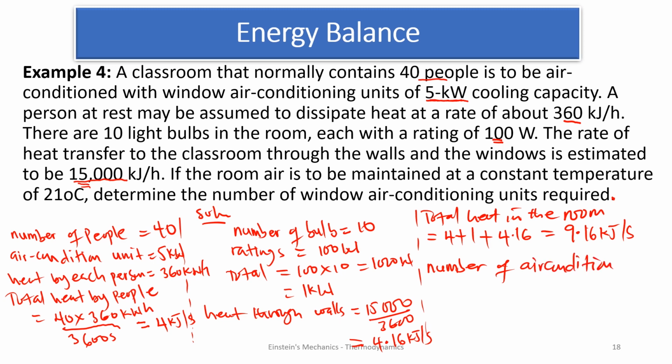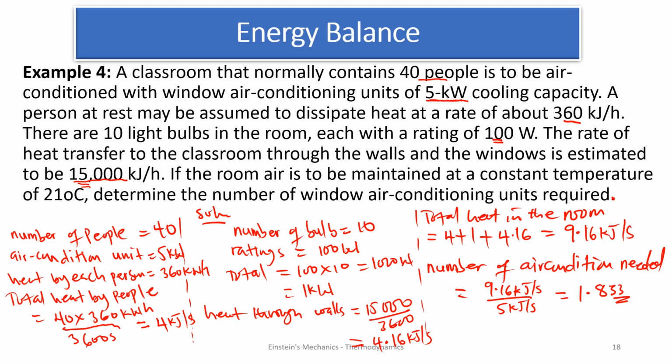I hope it's very simple. Air condition needed will be the heat content, which is 9.16 kilojoule per second or kilowatts, divided by the 5 kilojoule per second, and I'm getting 1.833 for that. So I have to buy 1.833 air condition, and this is not making any tally here. So you have to round up to the whole number, making 2.